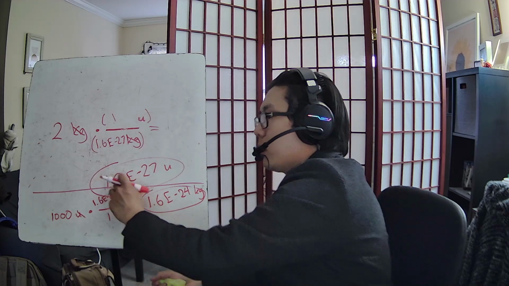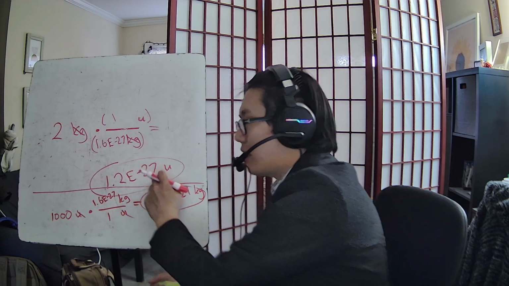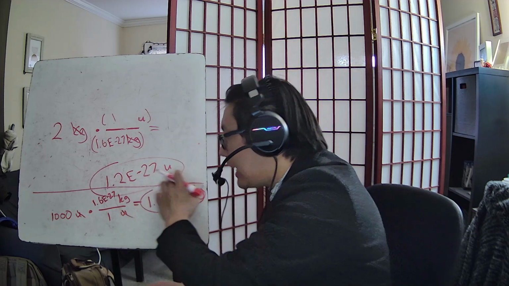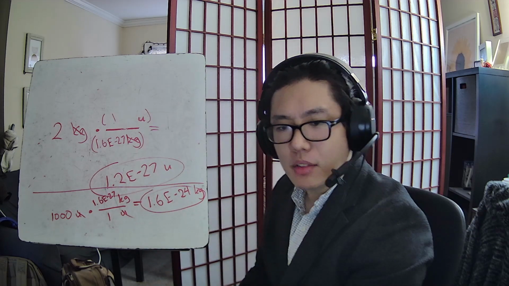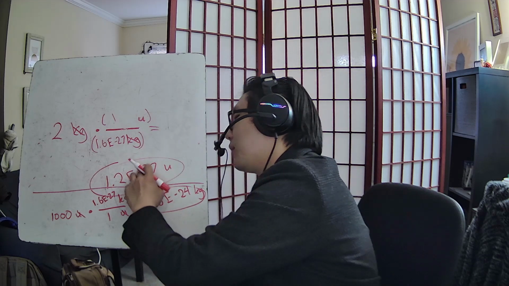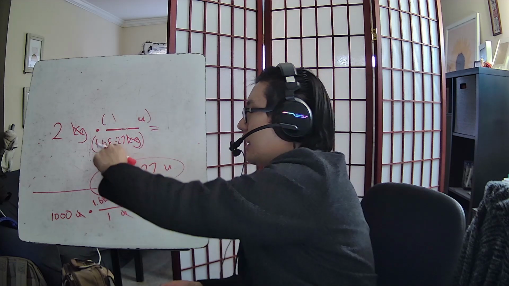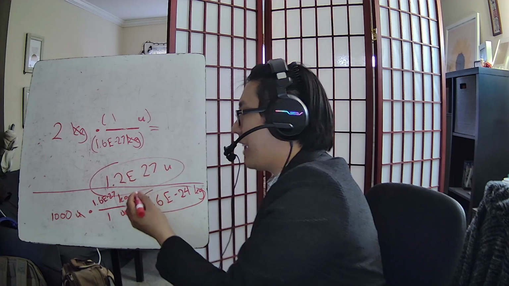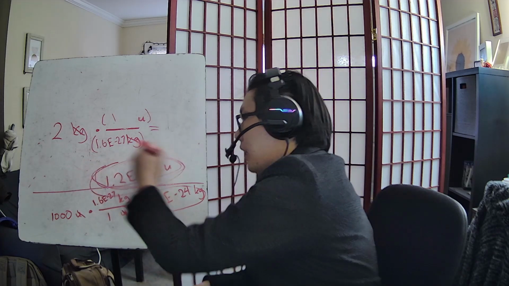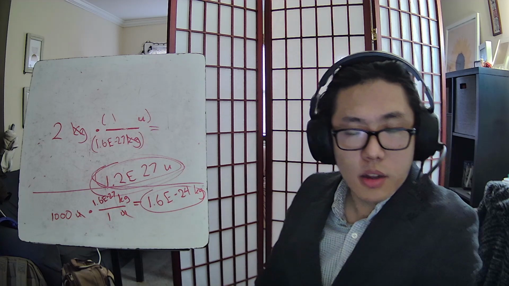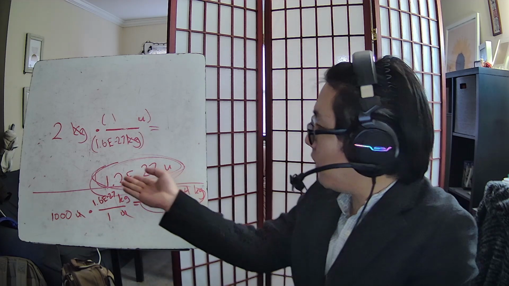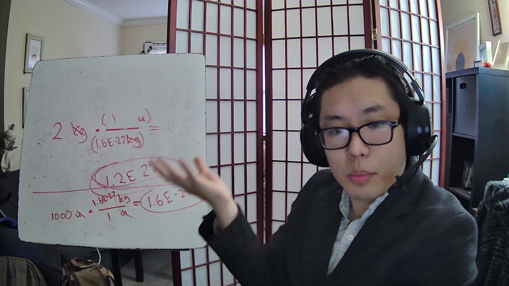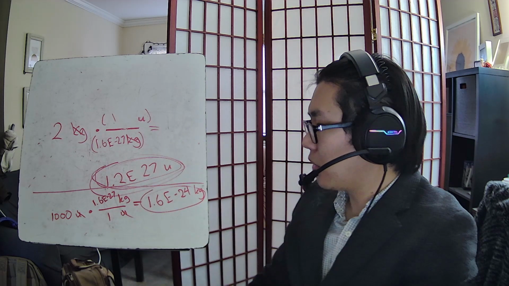I wrote it was 1.2 times 10 to the negative 27. Should a 2 kilogram block have such a tiny amount of mass? No. This negative was a mistake because I saw the negative 27 here and I just repeated it in my answer. But it should be a big number, 1.2 times 10 to the 27th, which would make a lot of sense. 2 kilograms is a lot of mass, so therefore it should be a lot of atomic mass units, right?